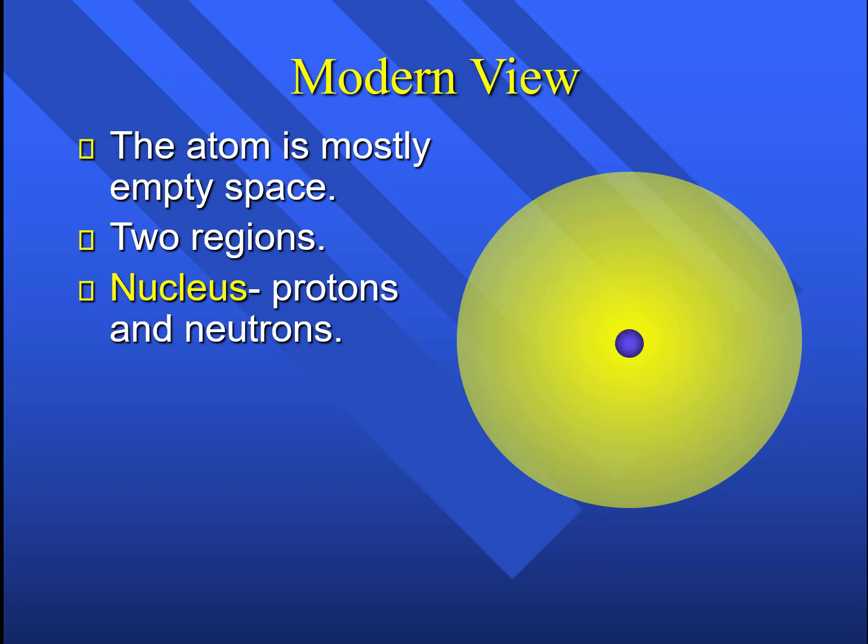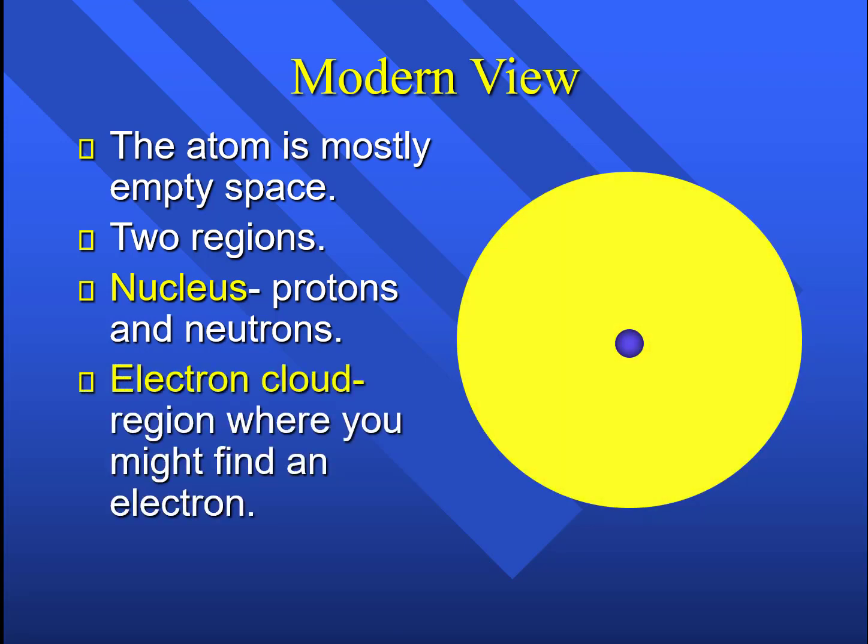I was going to draw it to scale to show you how big it was. But if you had a picture of an atom the size of a baseball field, would you be able to see a bowling ball? That's how small it would be. So I had to make the nucleus look big compared to what it really is, so that you could see it.